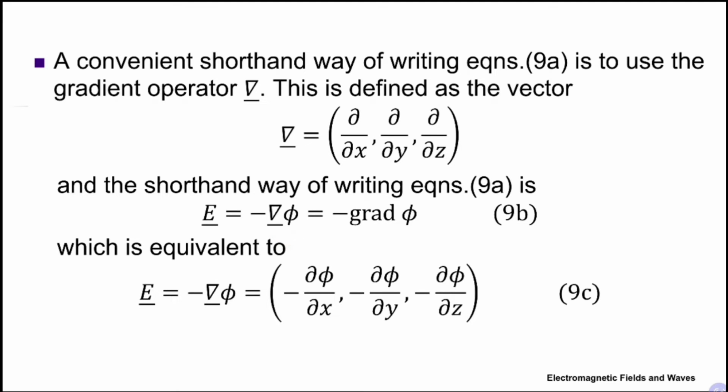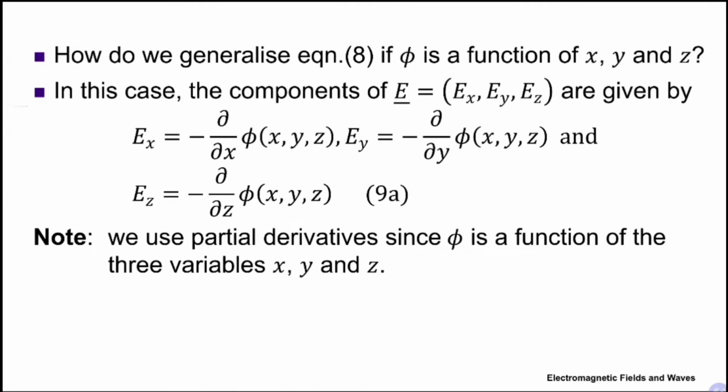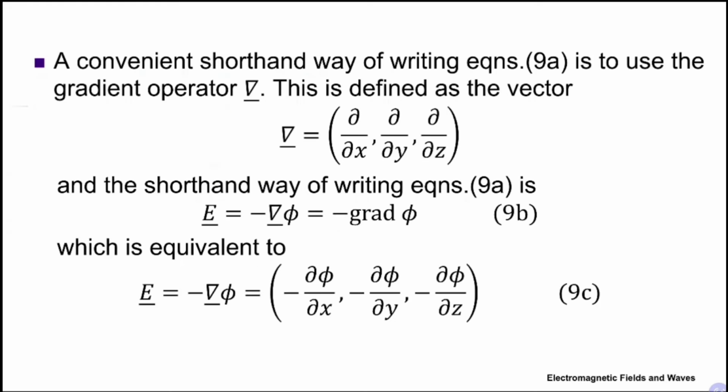Remember our del operator, which is a vector operator: del over del x, del over del y in the y direction, del over del z in the z direction. Equations 9a, 9b, and 9c all refer to the same thing. 9a is in terms of individual components, E of x, E of y, E of z. 9b is E equals minus grad of phi, and 9c is written in a coordinate system.